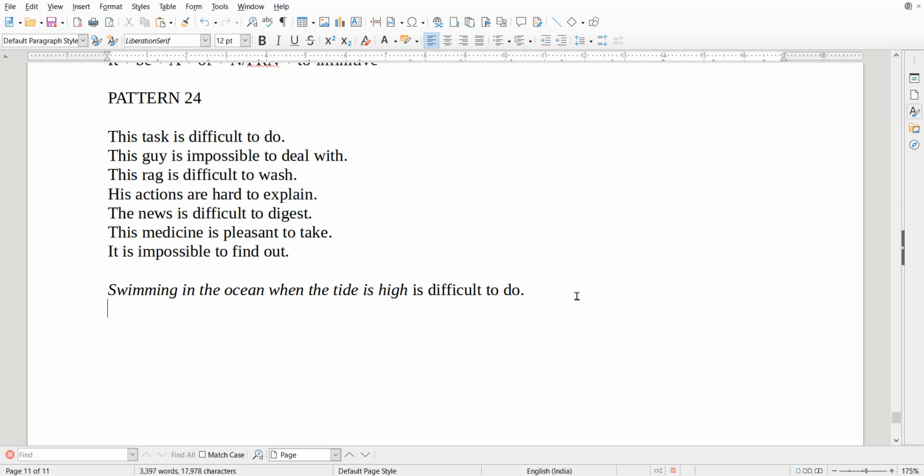Okay. So the structure is subject plus, I think the verb is be. Yes, the verb I think is be plus adjective. Okay, it can be other verbs as well.